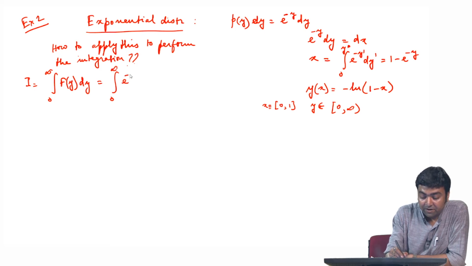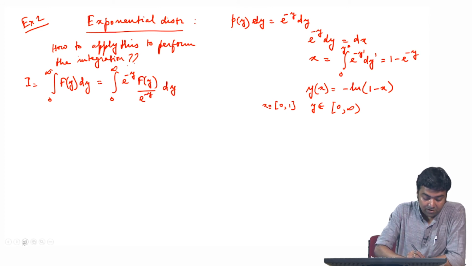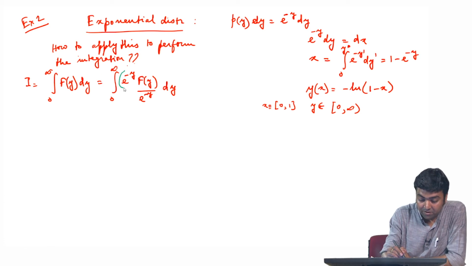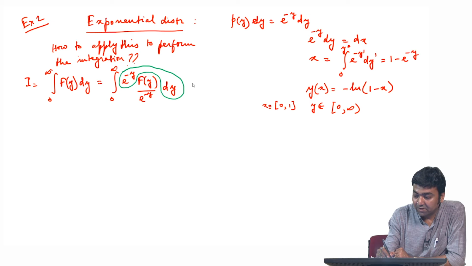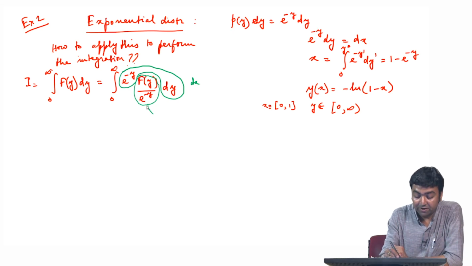So, I have e^(-y) times f(y) divided by e^(-y), dy. Now, if I look carefully, the term e^(-y) dy is nothing but dx, and this other term, f(y) divided by e^(-y), I am calling g(y). So, g(y) is equal to f(y) by e^(-y).